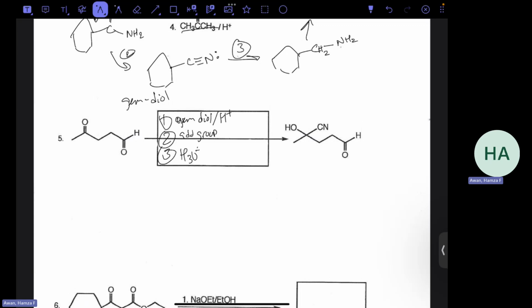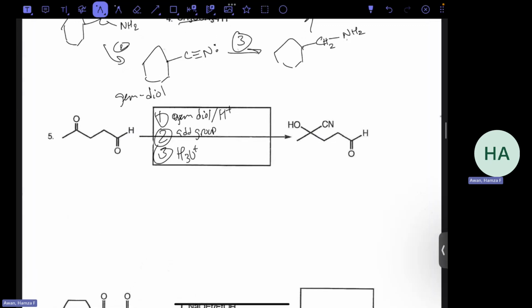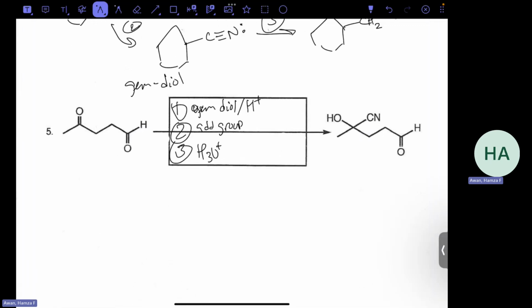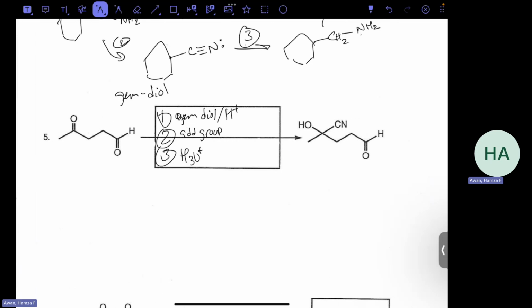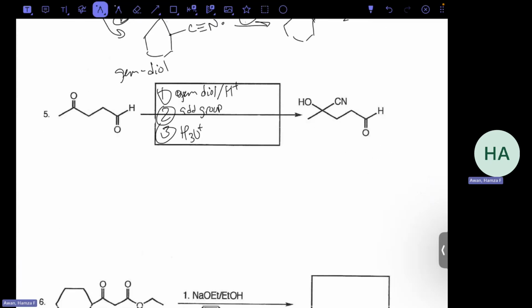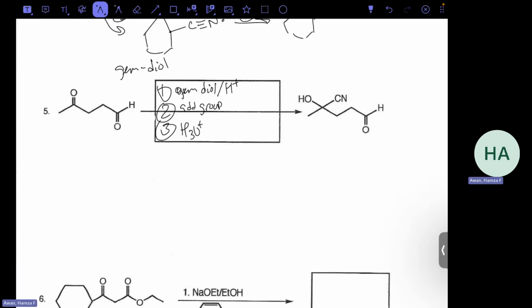All right. So the same thing happens with all of the geminal diols, right? Whenever you have a geminal diol, it's going to be acting as a protector for certain groups. So in this case, we wanted to protect the aldehyde, right? So let's do that. Whenever we have the geminal diol, we'll use our OH like this.